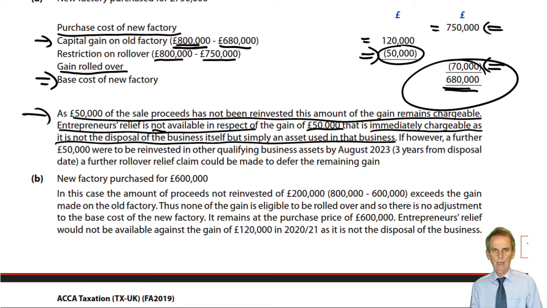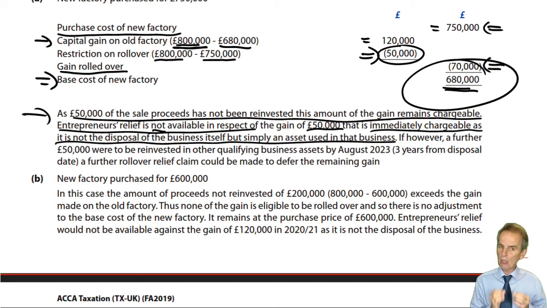Now what we've done up until now, and probably all that the exam question will do anyway, is just do the calculations, the mechanics of it. But what we have to understand here, though this would be more relevant if you're dealing with advanced taxation at the professional stage rather than the basic taxation UK paper, is that we have a 4-year window of opportunity in relation to making claims for rollover relief.